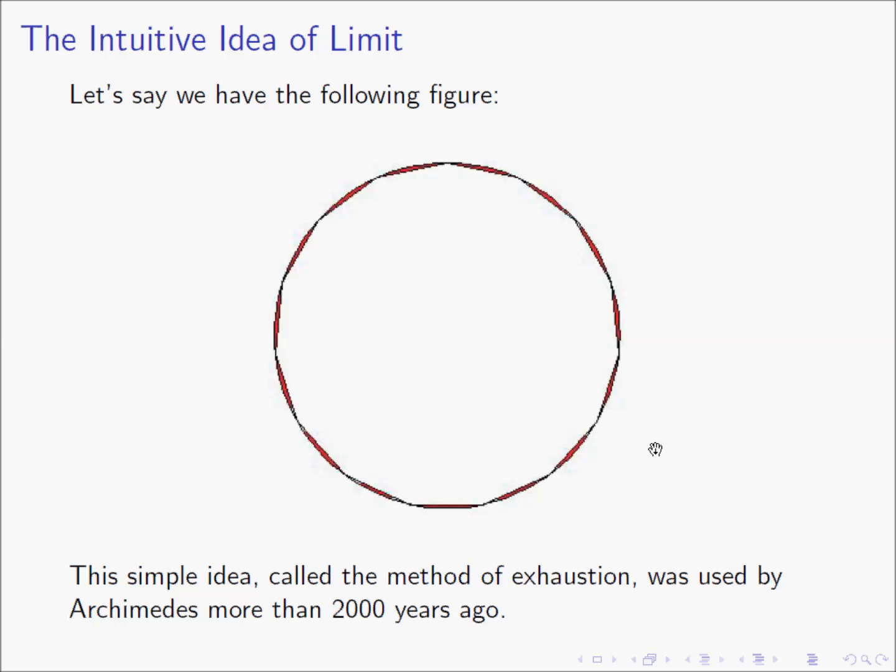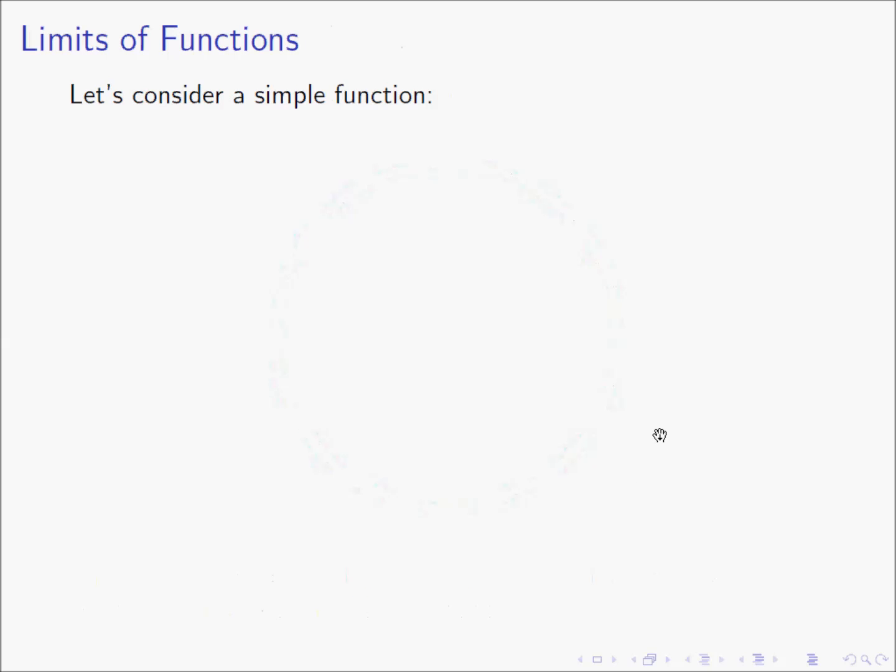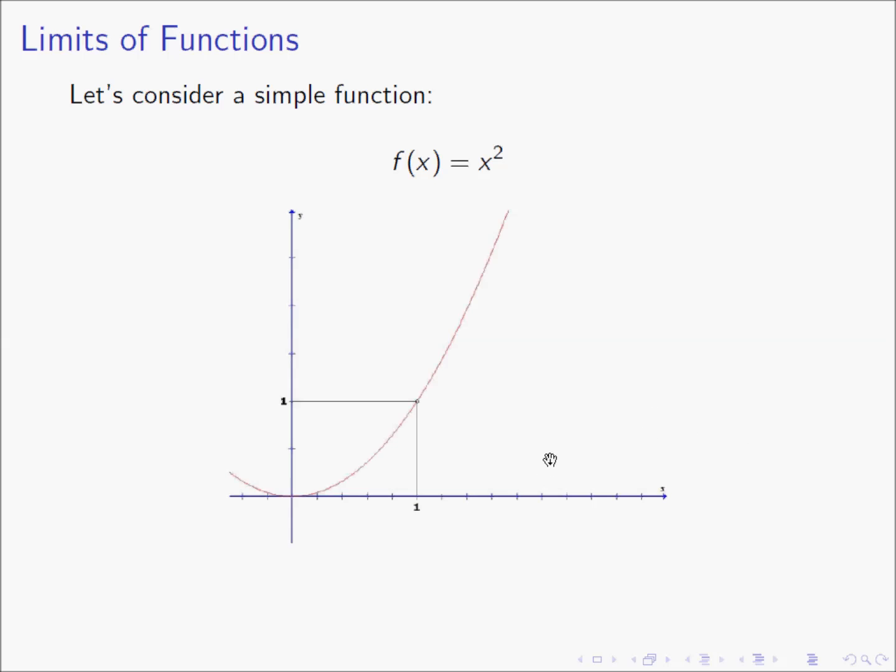Let's keep talking about functions now, because in calculus what you're most interested in is functions. So we have to talk about limits of functions. And to begin with, we're going to consider a very simple function, f of x equals x squared. The graph of this function is this one.